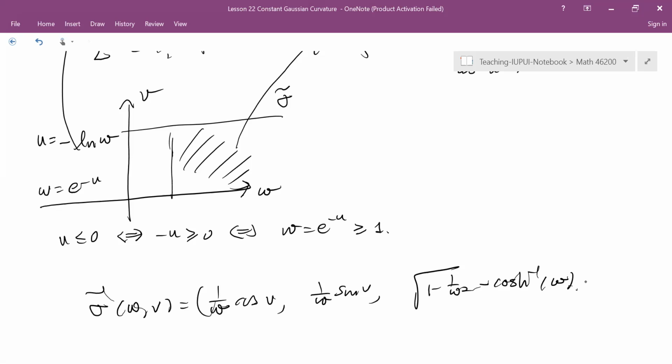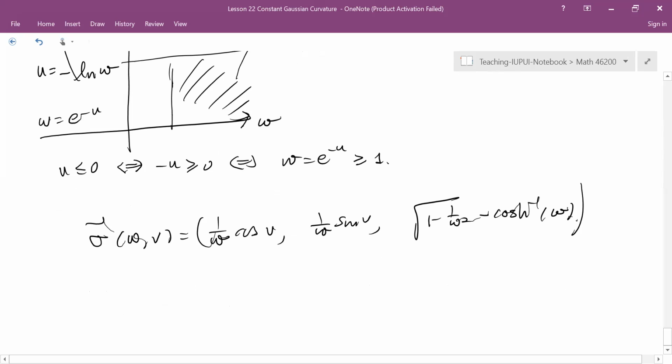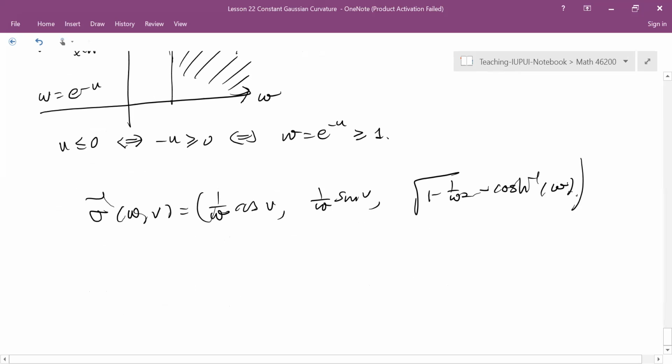So here w is greater than 1, v is between 0 and 2 pi. All right, so be careful about this.